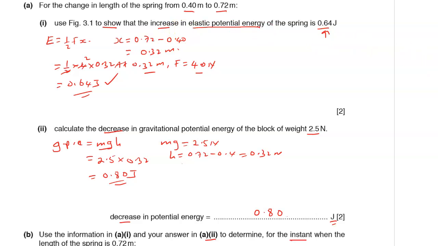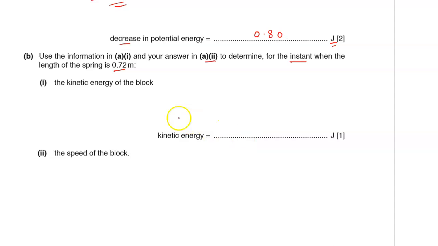So the difference will give us the kinetic energy, because we are told to use part 1 and part 2 when the length is 0.72 to calculate kinetic energy. So kinetic energy equals GPE minus elastic potential energy.